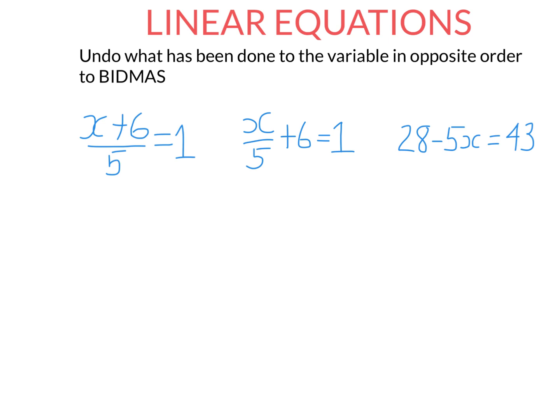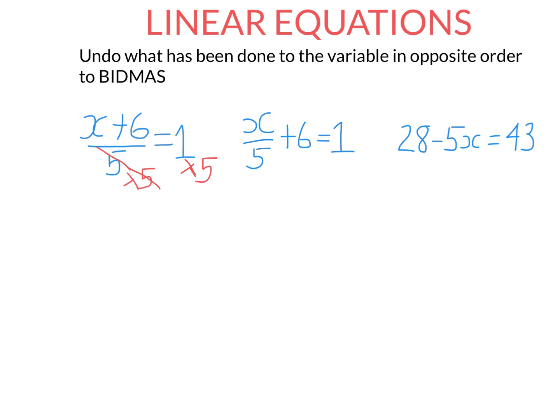So to undo dividing by 5, what we need to do is times this side of the equation by 5. But what you do to one side of the equation, you must do to the other. We've got to keep the equations balanced. So if I multiply the left-hand side by 5, I must also multiply the right-hand side by 5. Because times 5 and divide 5, they undo each other.